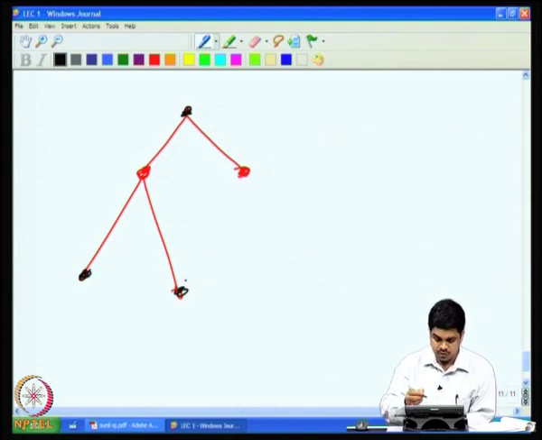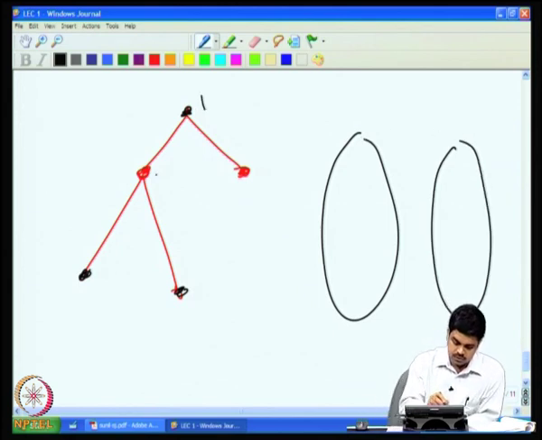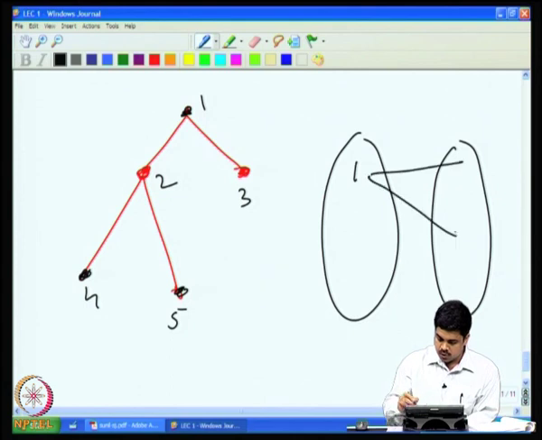So, for instance, if you want to see it in this 2-part form, 1, 2, 3, 4, 5, then I can place 1 here, and then 2 and 3 should go to the other side, and 4 and 5, the neighbors of 2, should come to this side.